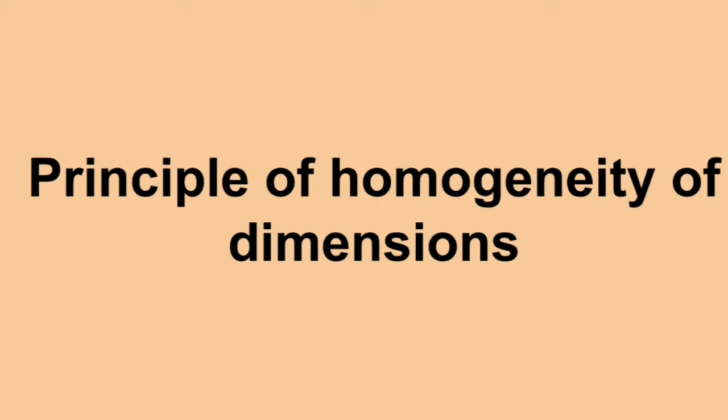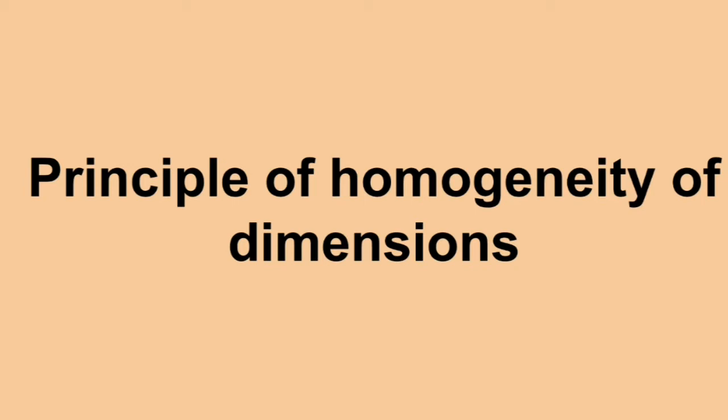In the previous class, we were discussing how to find the dimensional expression of different physical quantities, constants, etc. Now, actually, the method of dimensions helps us in obtaining some physical relations and also in checking the correctness of a given equation.